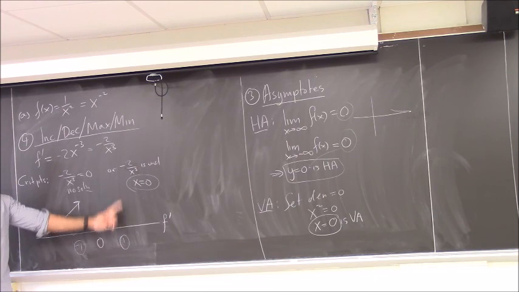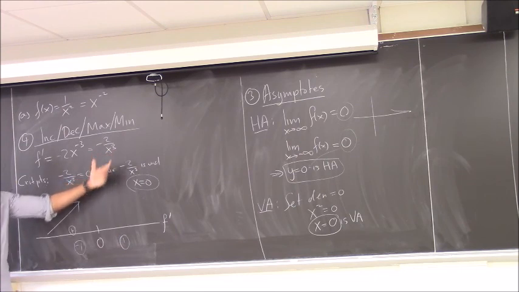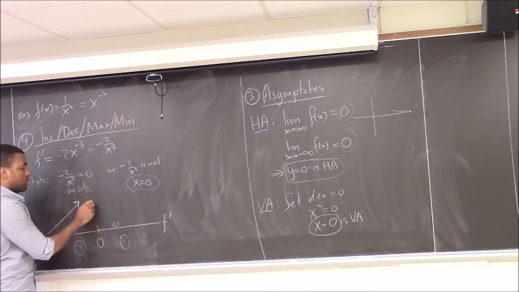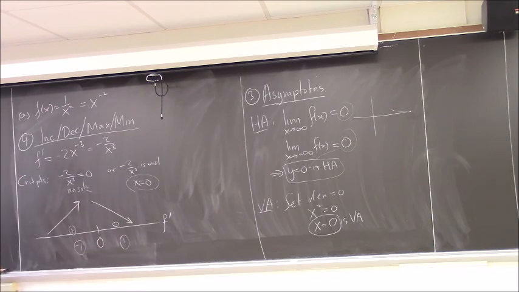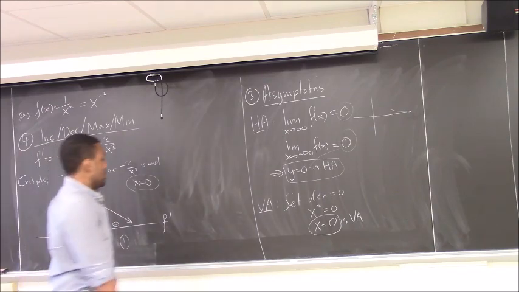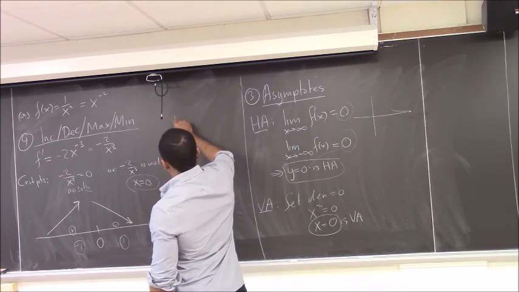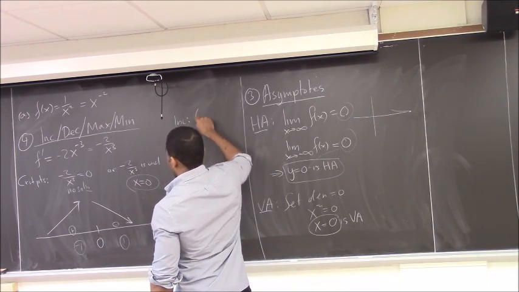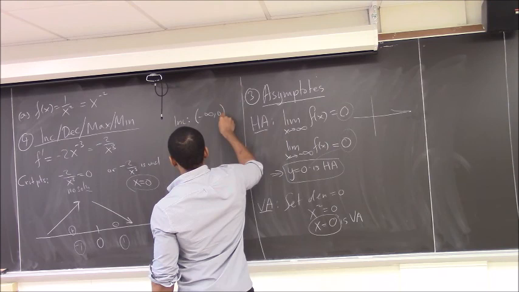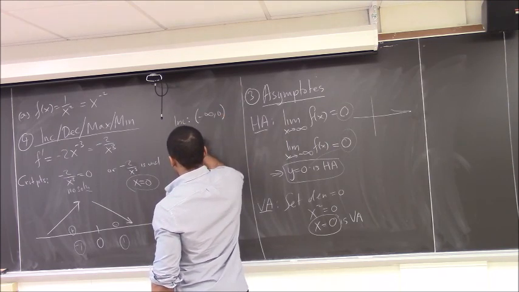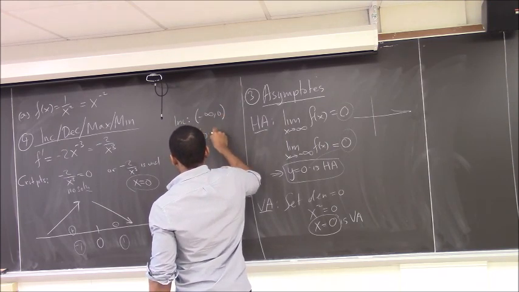If I plug in a 1 here, this function gives me a negative, which means decreasing. So I can conclude the following. We're increasing from -infinity to 0. We're decreasing from 0 to infinity.